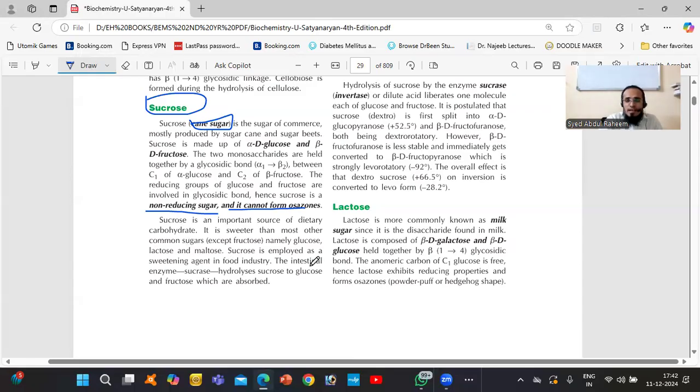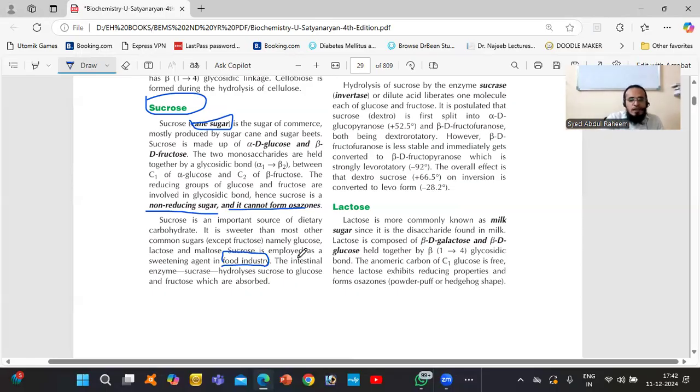Sucrose is employed as a sweetening agent in the food industry. So most of the food industry utilizes sucrose as an agent to give sweetening to whatever product we use. We have some common products like Horlicks or any other thing that we eat, mostly sweets also.